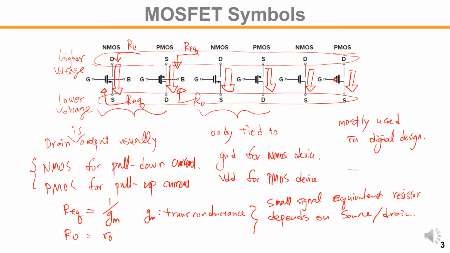Although the devices themselves, for example NMOS and PMOS, are symmetric, depending on the current direction, the electrical property is greatly different, right? So whenever you see a circuit, you must be able to identify the direction of the actual large signal current flow. That's the key, the first step to analyze the circuit in the first place.